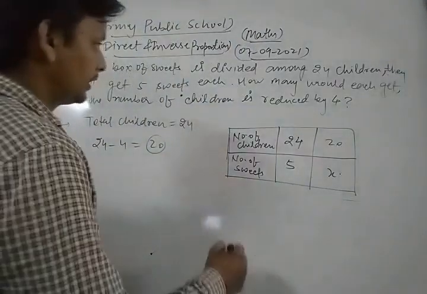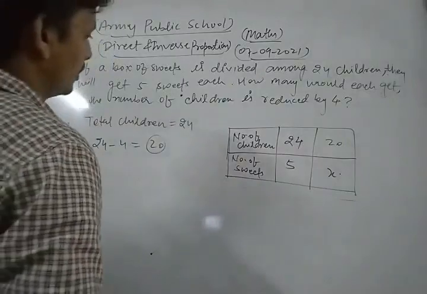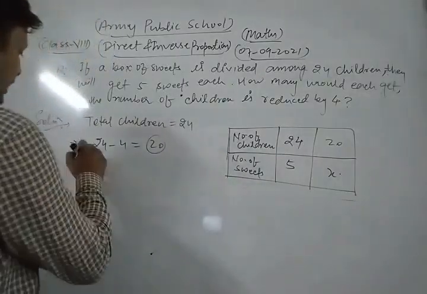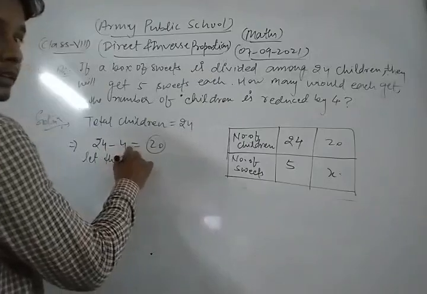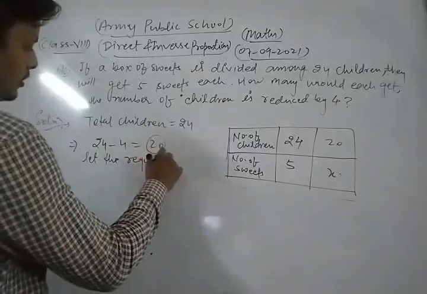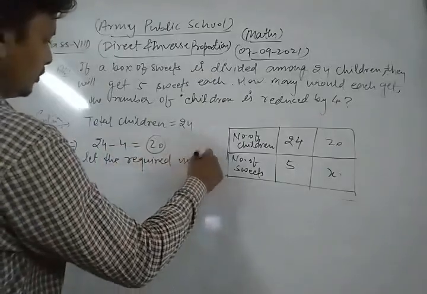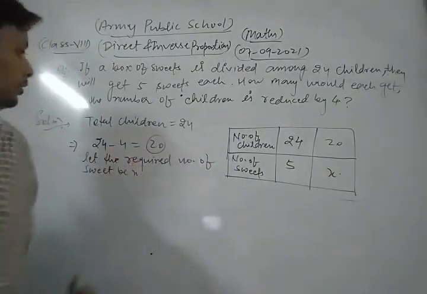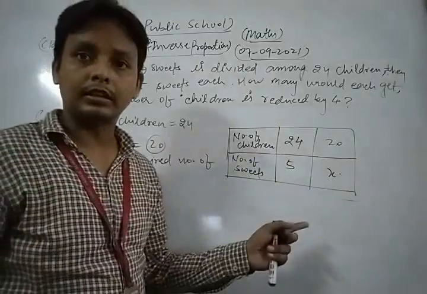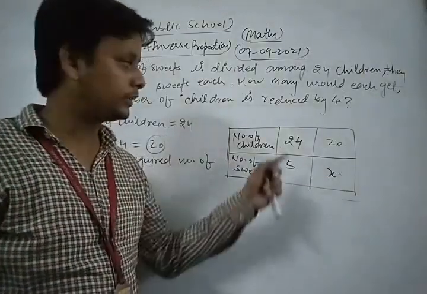Let the required number of sweets be x. Now here there is an indirect, inverse proportion between the two.